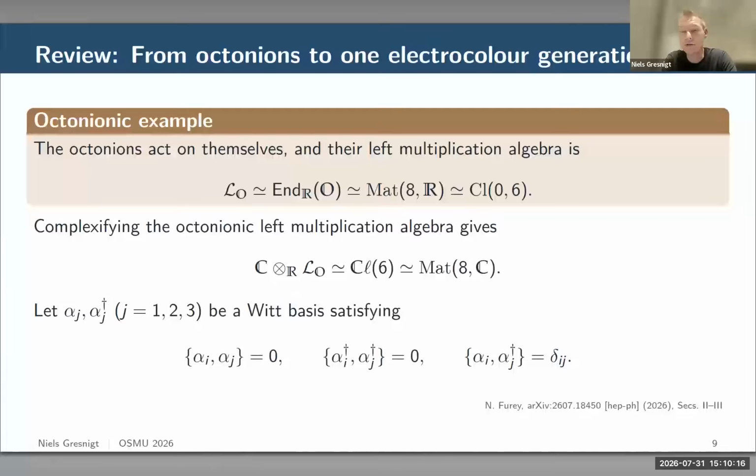Now, why do you complexify it? Because when you complexify it, it's really easy to define a Witt basis that satisfies the standard anti-commutation relations. I forgot to include what the Witt basis looks like explicitly, but I do it for CL8 later.